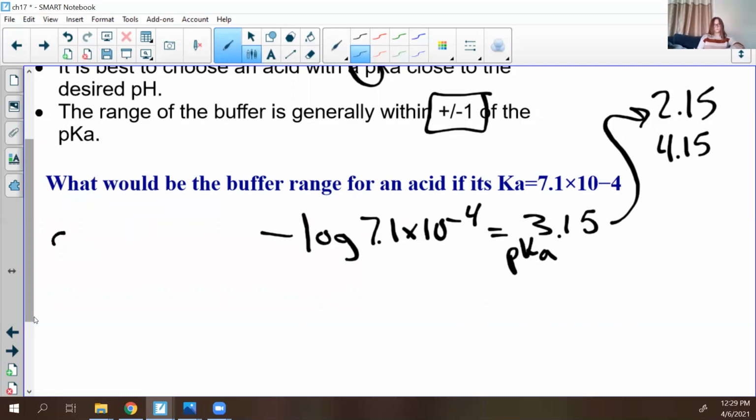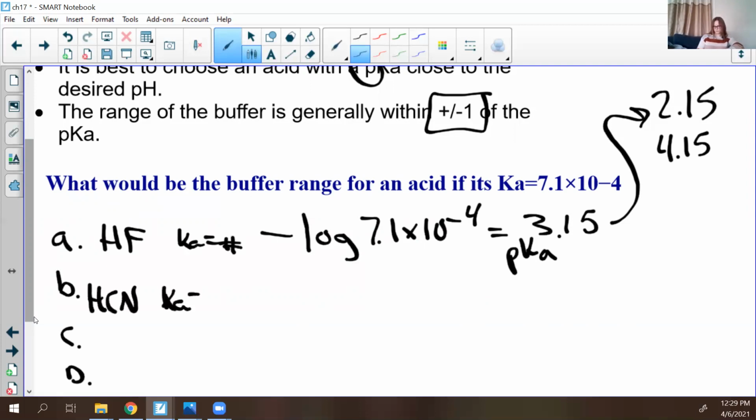It'd be A, B, C, D, whatever, and it would give you the acid. I'm going to make these up, but it'd be like HF with the Ka equal to a number, HCN with the Ka equal to a number, and a couple more. And the way you would do this, you would take the negative log of each one.